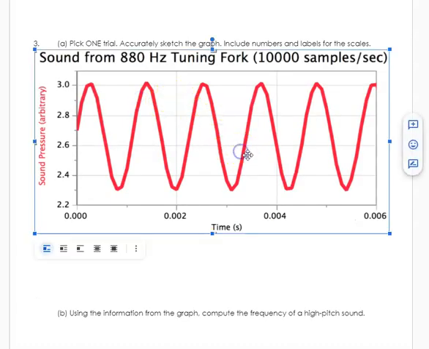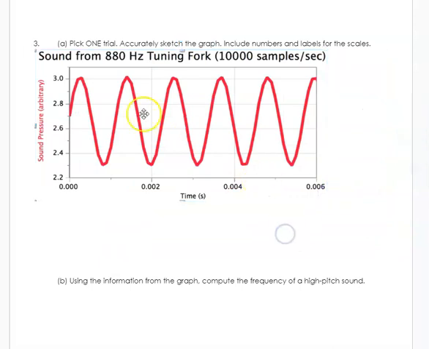If I look at this graph, I want to know what the frequency was of this. 10,000 samples per second seems like a frequency, but this screenshot is just saying that's how quickly the microphone was grabbing samples. This sound is going to be much lower than 10,000. So I'm going to count how many waves I have. This is about one full wave right here.